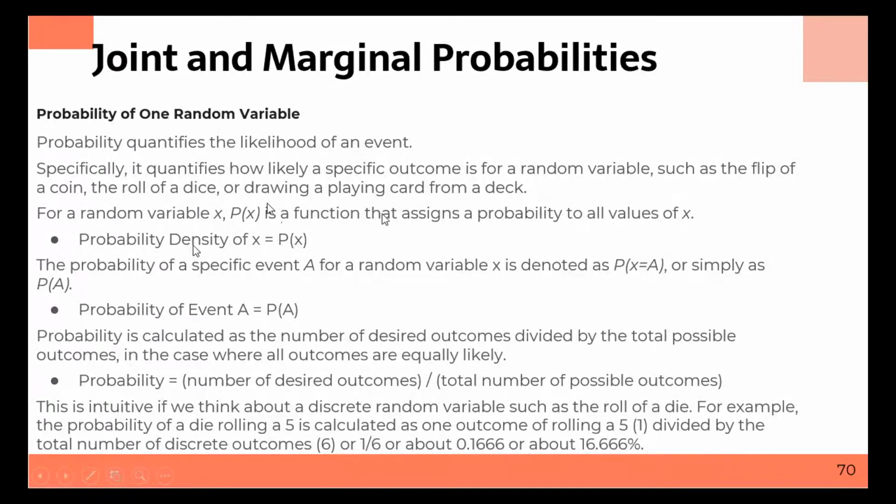Probability density of x equal to p of x. What is probability density? Here, probability density is nothing but how many possible outcomes you have. That may be a number, or a quantity, or a sample space.